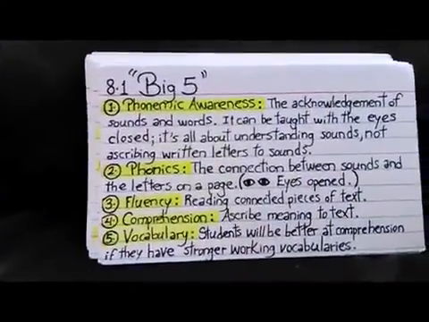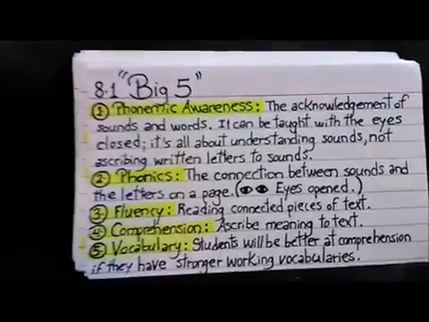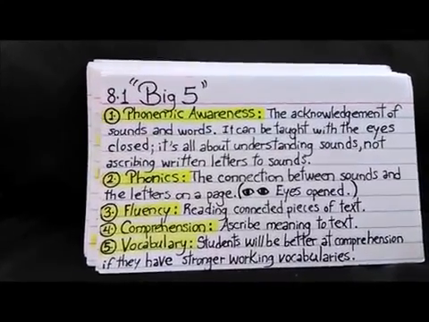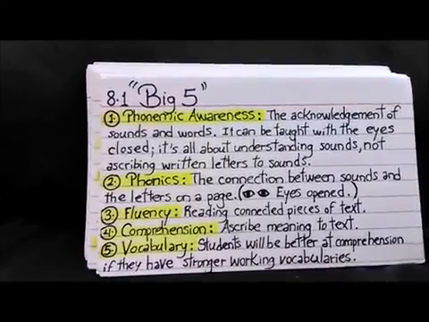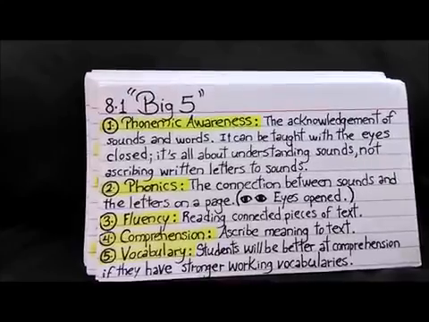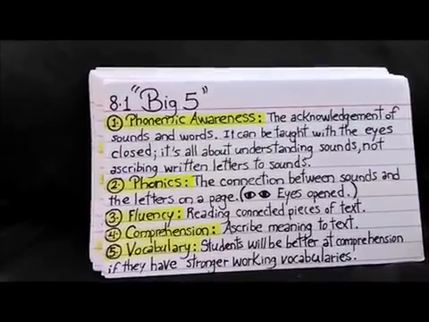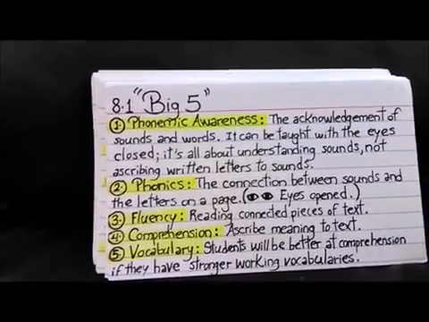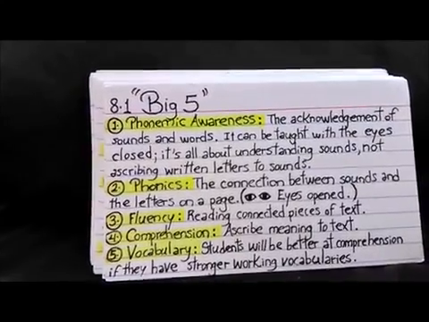The Big Five. Phonemic awareness. What is that? It is the acknowledgement of sounds and words. It can be done with the eyes closed. It is all about understanding sounds, not ascribing written letters to sounds.